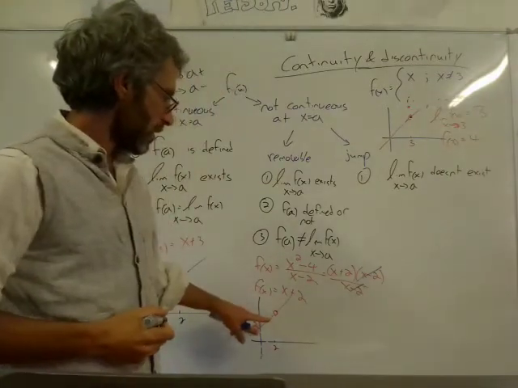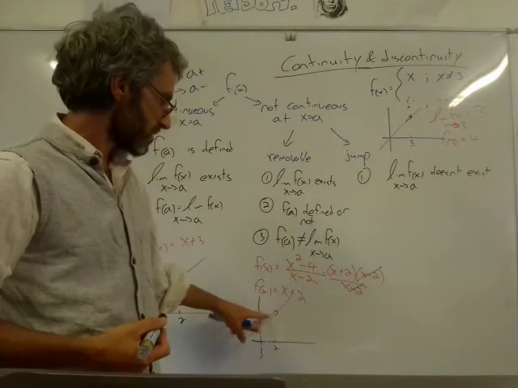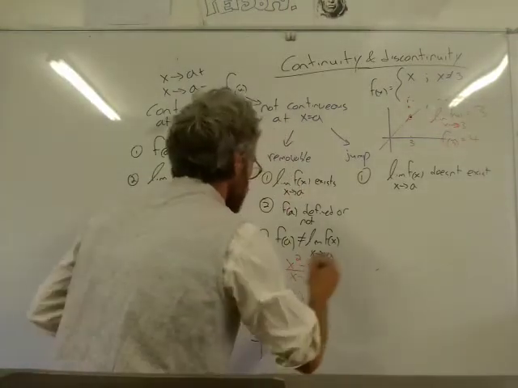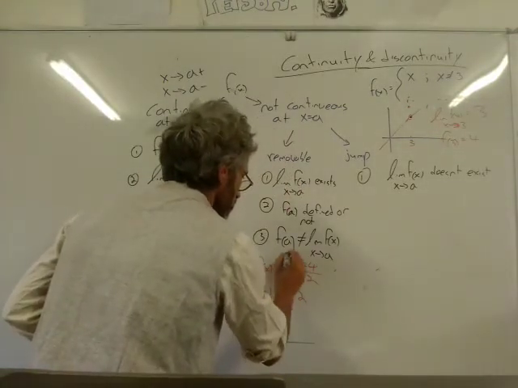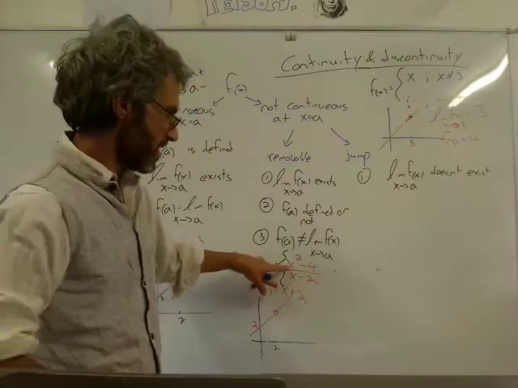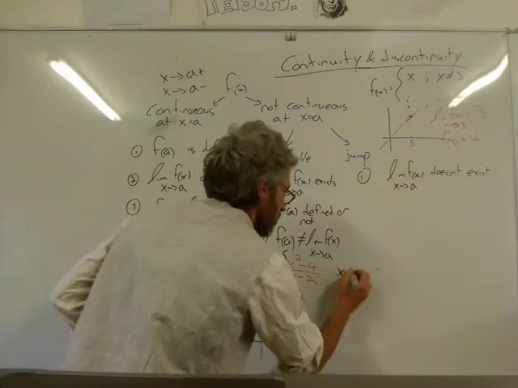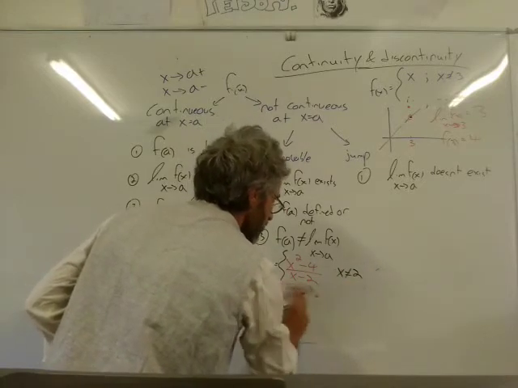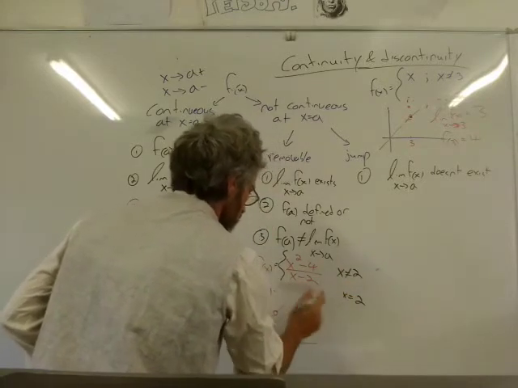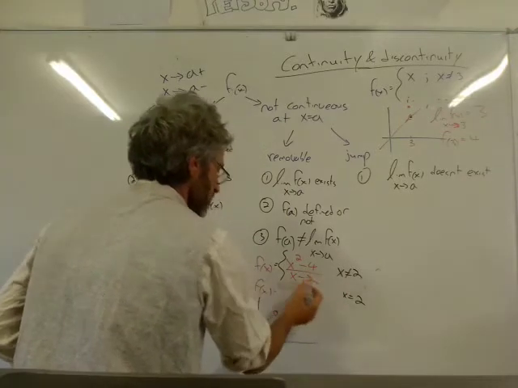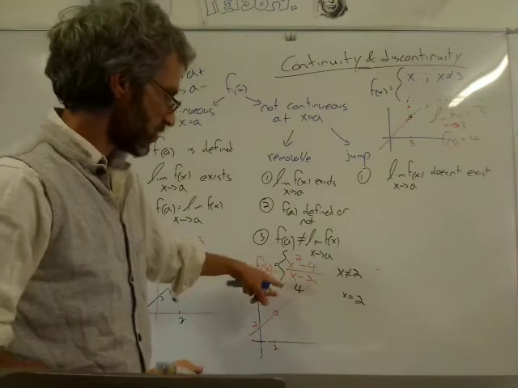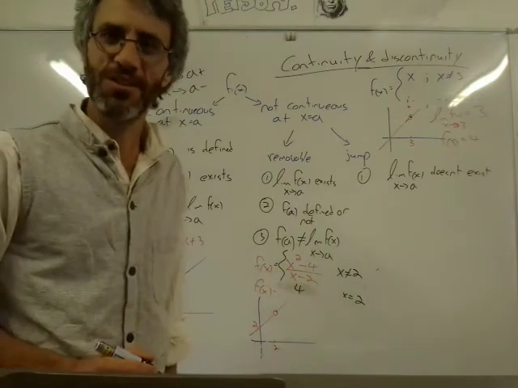I can just say f of x equals that expression for everything where x is not equal to 2, and when x equals 2, it is, what was it? 4, I think. Because it was x plus 2, so it was 4. And now it's continuous.